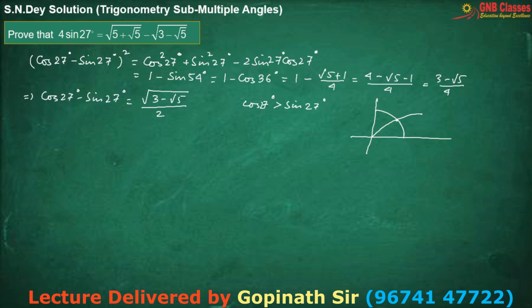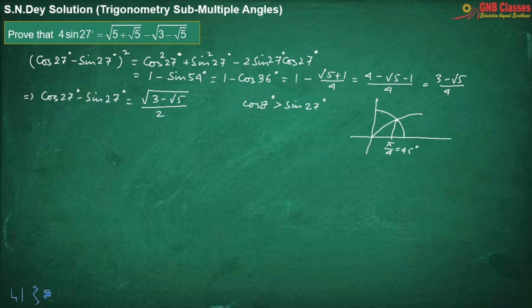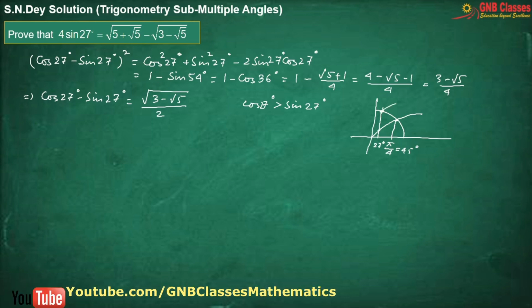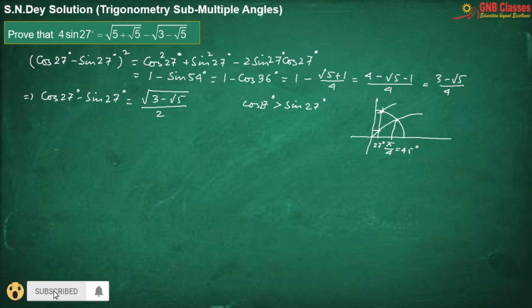This point is nothing but pi by 4, that is 45 degrees. So 27 degrees is somewhere here. So at 27 degrees, you will find that the value of cos x is more than the value of sin x. Yes or no? That is why I have not given a plus minus sign here. I have taken the plus sign instead. Is it clear to all of you?